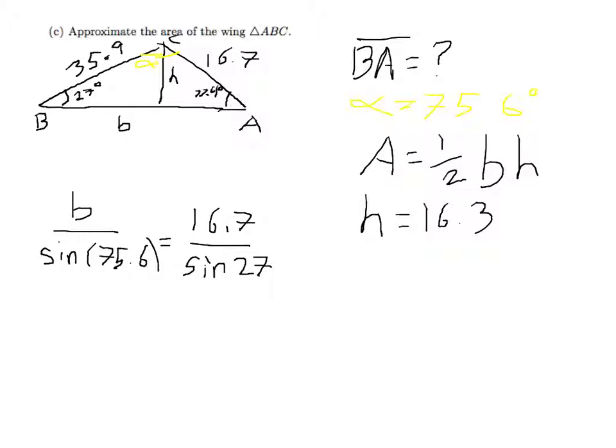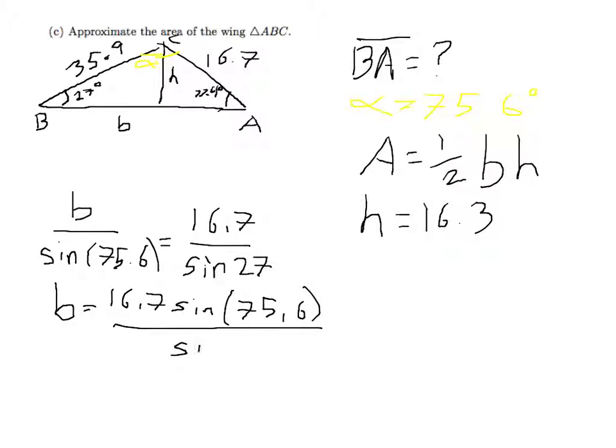We need to solve for b. b is equal to 16.7 times the sine of 75.6 divided by sine of 27, which equals, when we put it into our calculator, 35.6 feet.